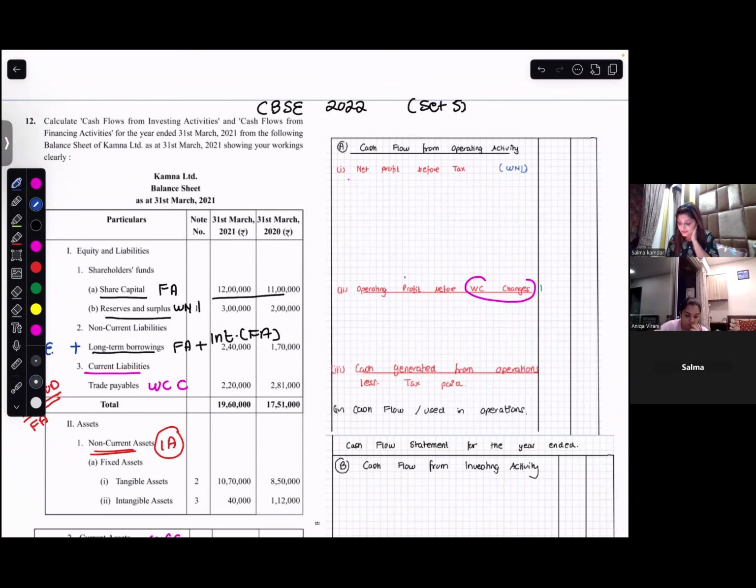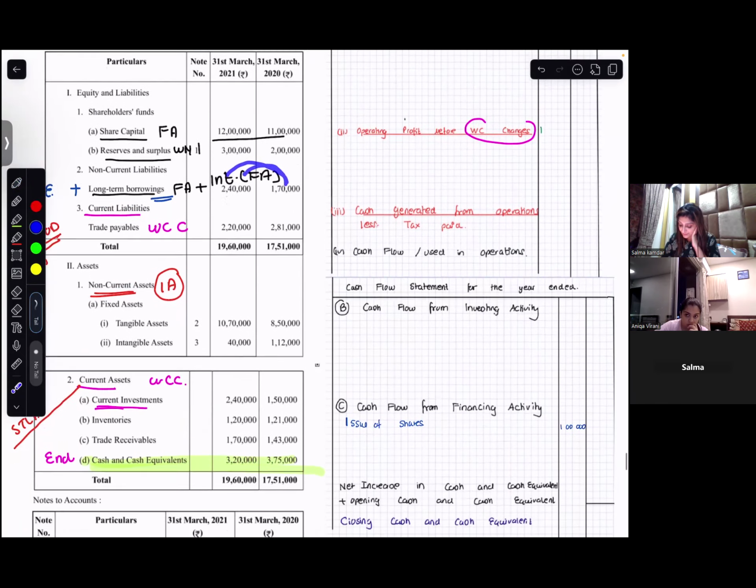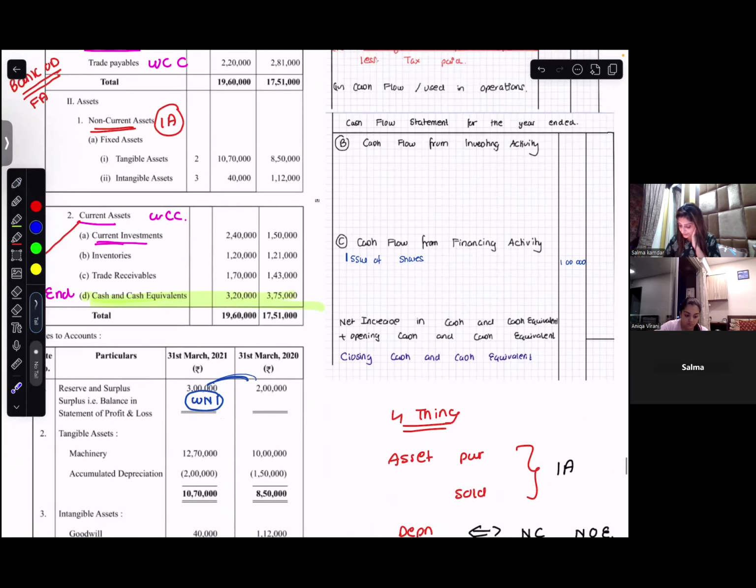Now long term borrowings, financing activity. What has happened? It has increased. That means you have taken some long term borrowings. Apart from this, you see if you have any other information about long term borrowings.